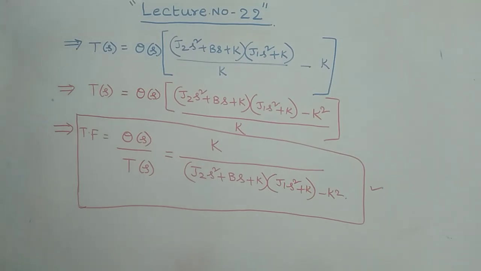Therefore, this is how we have to find out the transfer function for the given mechanical rotational system. So it is similar to our mechanical translation itself. I think you enjoyed this. It is very simple. Probably you will definitely get this type of question in your academic examinations, as well as in competitive exams like UPSC's engineering service examinations.